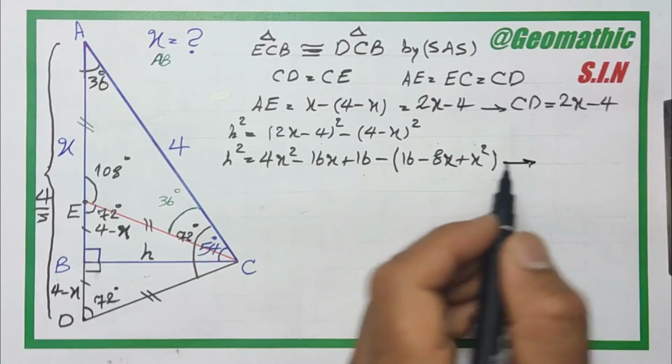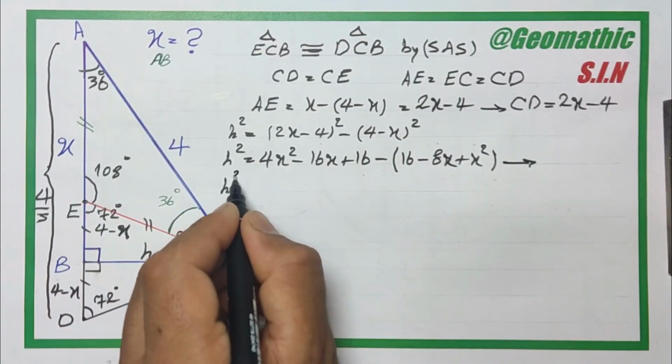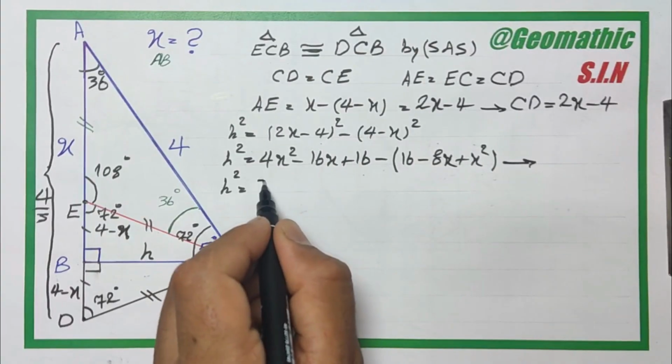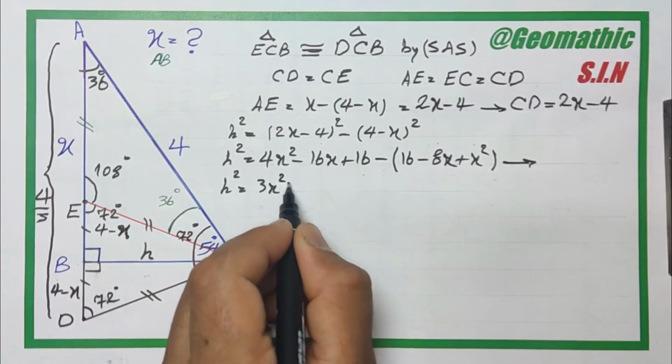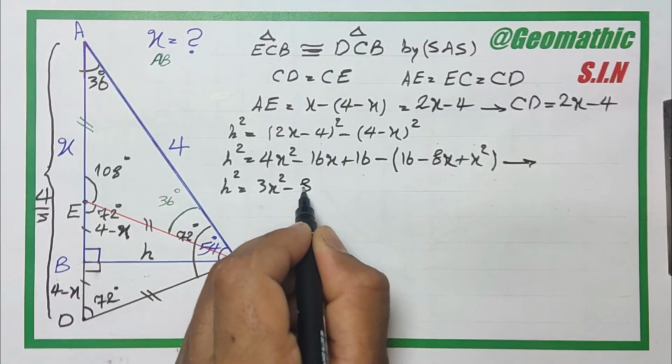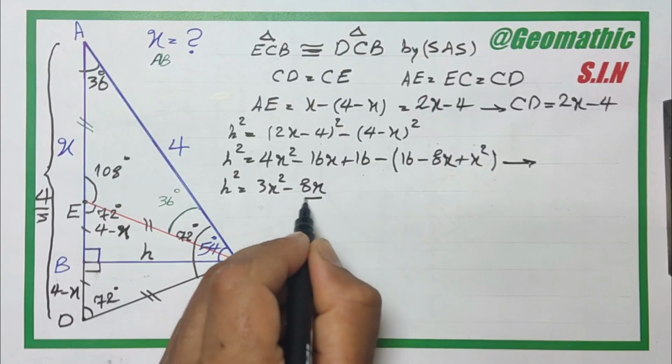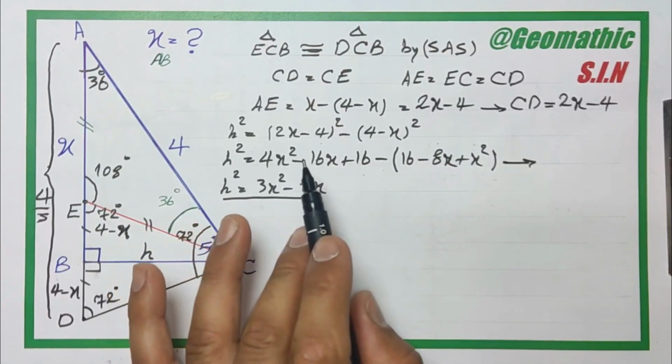Simplify this, and then we have H squared equals 3 times X squared minus 8X. Let's keep this aside for now.